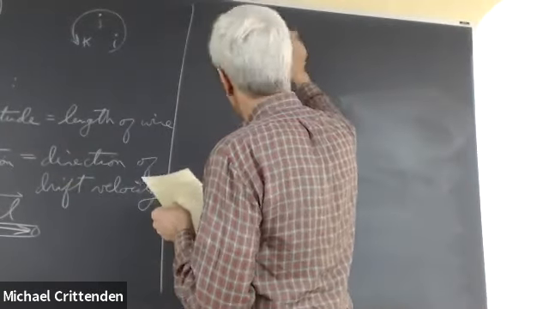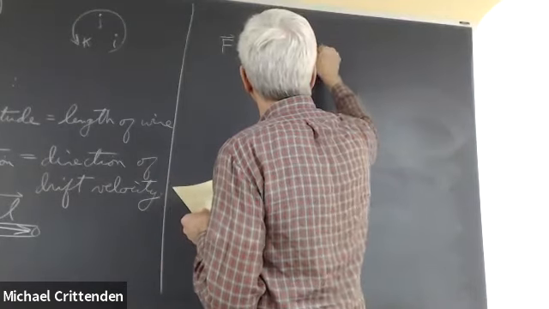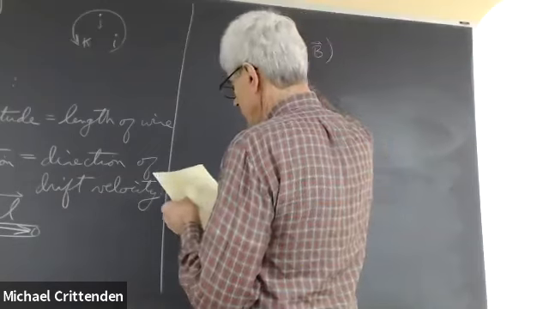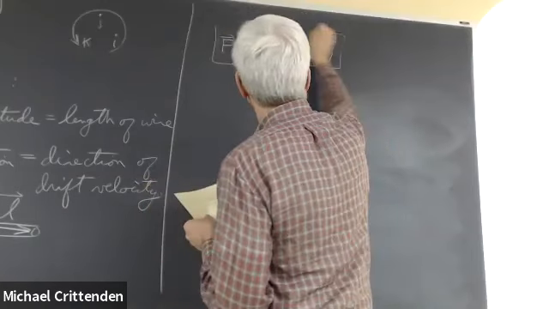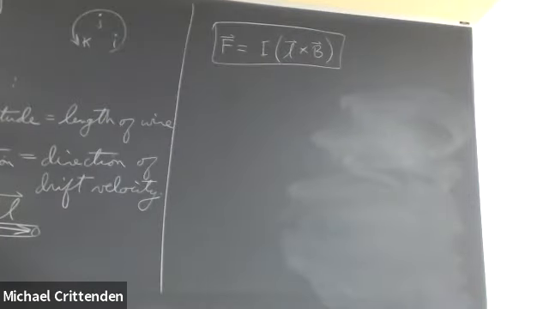force on a current carrying wire is I times L cross B. If I was emperor of the universe, it would be L times I cross B, because it seems to me like the current is something that has a direction, but, well, I'm not emperor of the universe, so we have to play the game the way it's been set up.